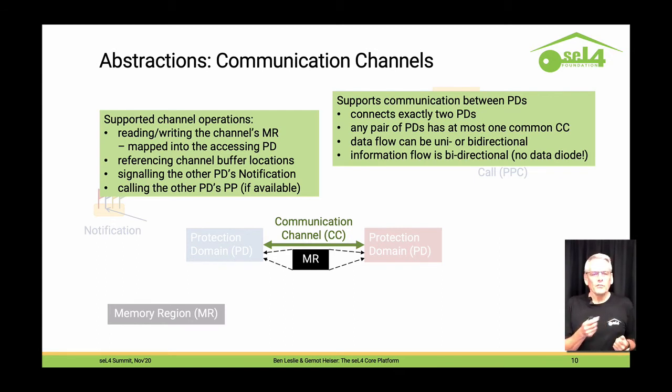And you can signal another protection domain's notification. So this is how signaling works. You don't have explicit references to signals. Signaling is part of the communication channel. And if a protection domain offers a protected procedure, then another PD connected to it via such a channel can invoke that protected procedure. And of course, that invocation can only happen if the target domain actually exports a protected procedure.